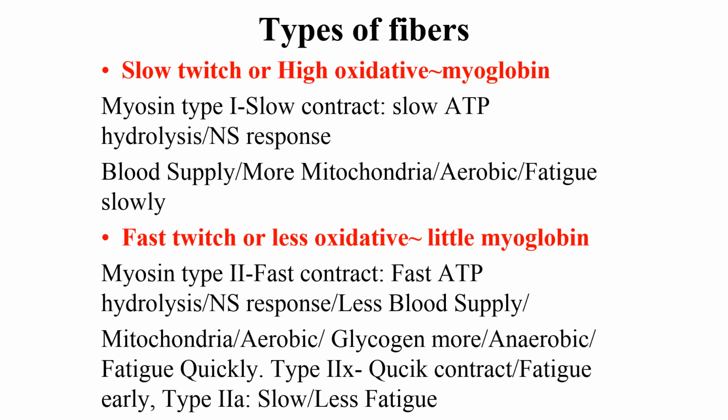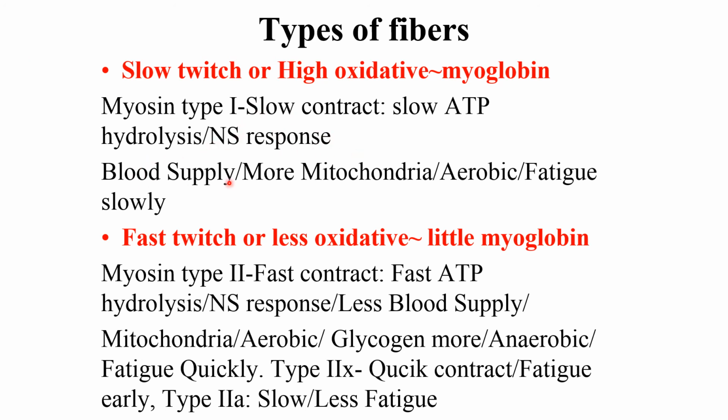So there are muscle cells that contract slowly. They have myosin type 1. That myosin hydrolyzes ATP slowly, so the cross bridges break slowly, and they respond to the nervous system slowly.